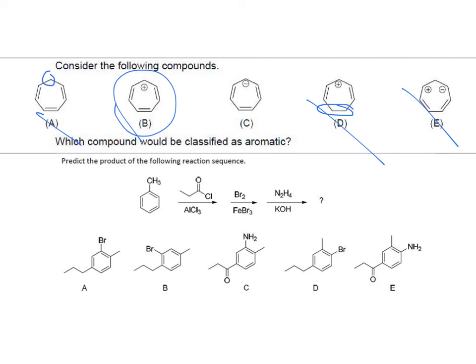All right, predict the product of the following reaction sequence. You're given toluene, which is subjected to Friedel-Crafts reaction, followed by bromination, and then hydrazine and KOH, which is going to reduce the ketone. So let's take a look at what we are going to get out of this.